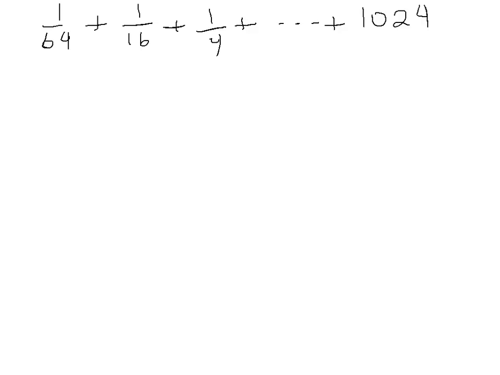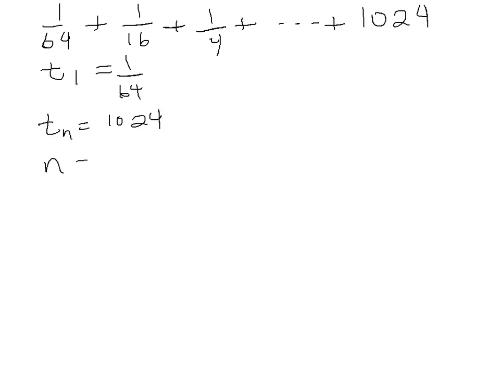So what do you notice is happening to the numbers? Well, the numbers are going up as we go along, and we have T1 as 1 over 64. We've got our last term, which is 1024.